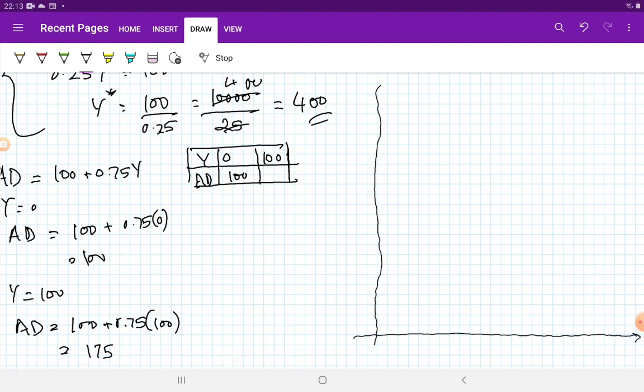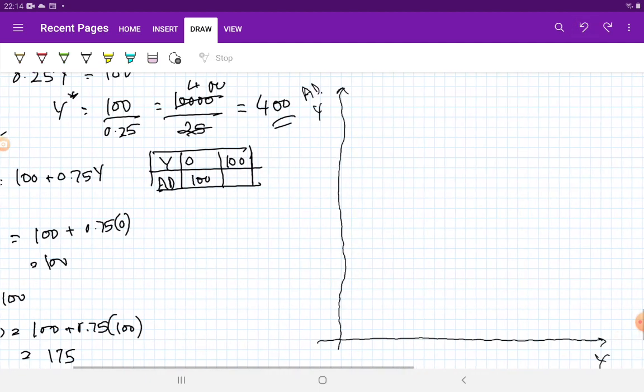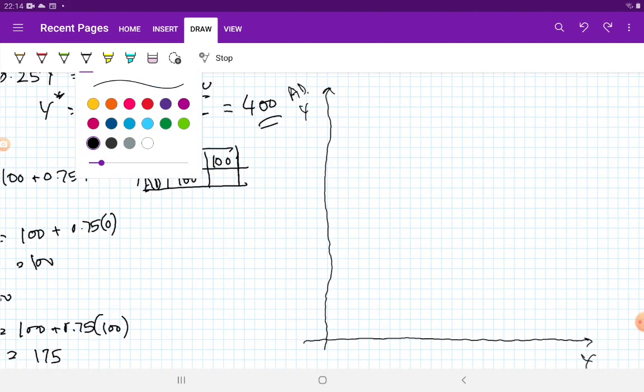So on my x-axis, I am drawing y, or the national income. On my y-axis, I am drawing variables like aggregate demand or national output, which is again y.